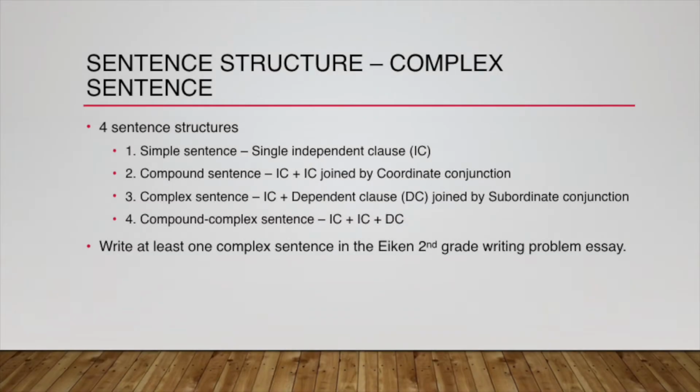Sentence structure. For example, let's look at the next sentence. I bought the watch I liked on the internet because it was cheaper. I bought the watch on the internet is a clause because it has a subject I and verb bought. It is a main idea.